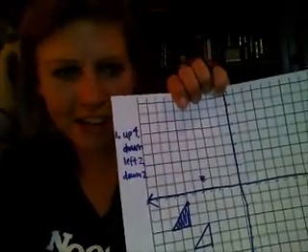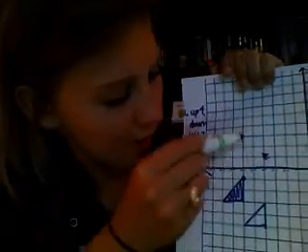And then we need a next instruction. Let's just reflect it over the x-axis. I'm going to write that down. Reflect over the x-axis. I'm going to do it in a different color so you can see how it moves. I'm going to be reflecting this triangle upwards.